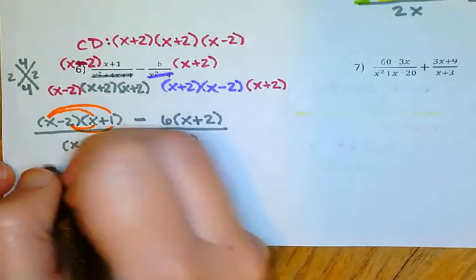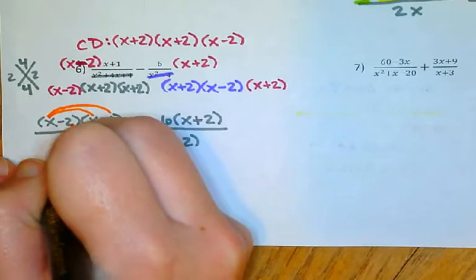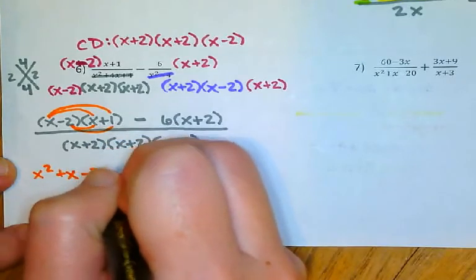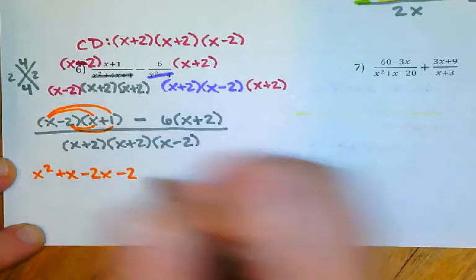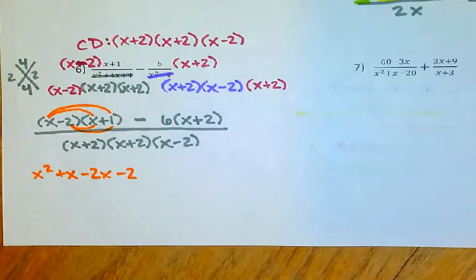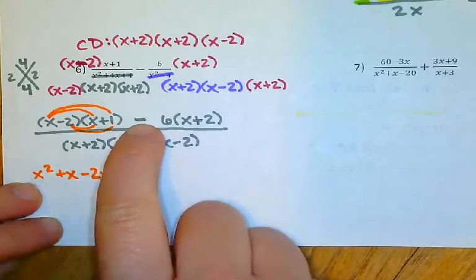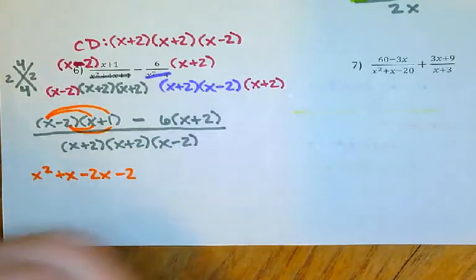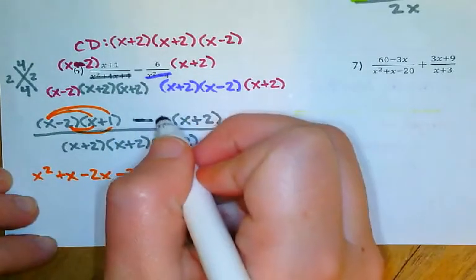So we're going to get x squared plus x minus 2x minus 2. And then check this out. We have a negative 6 here.